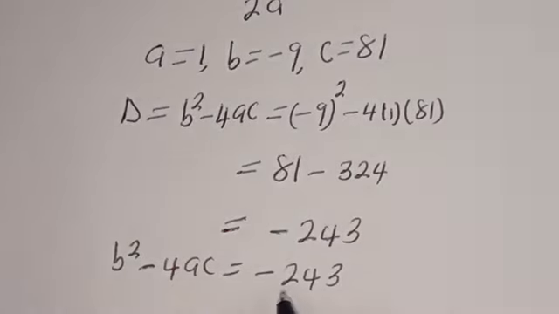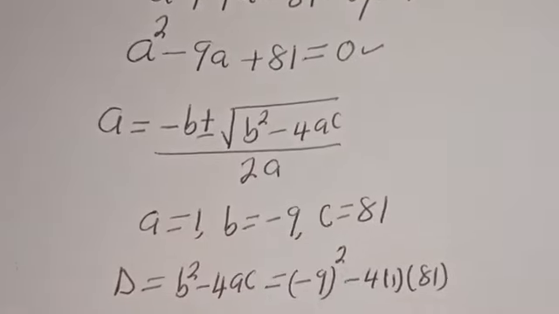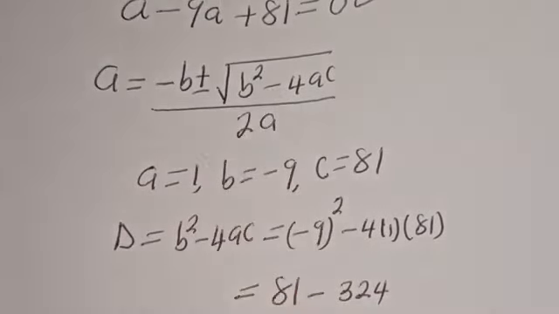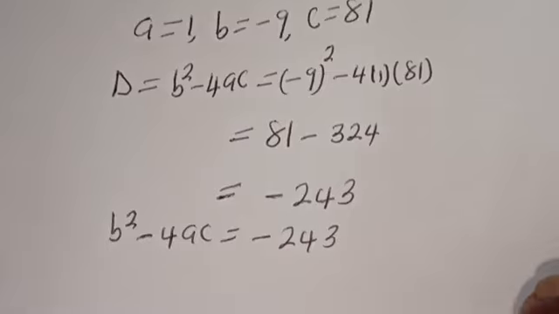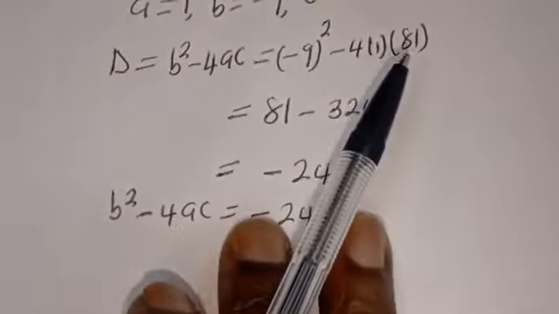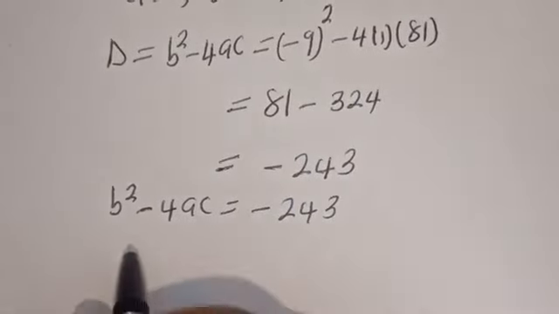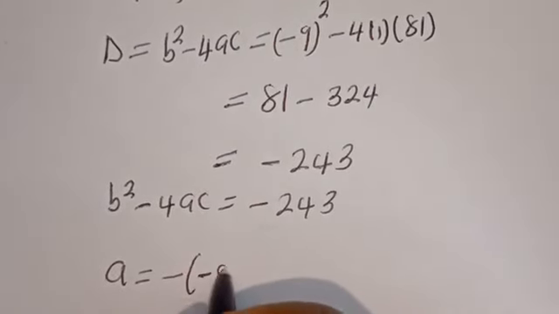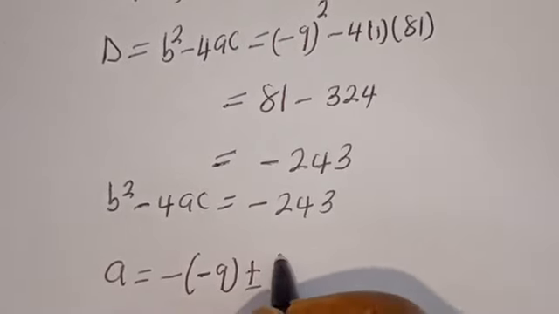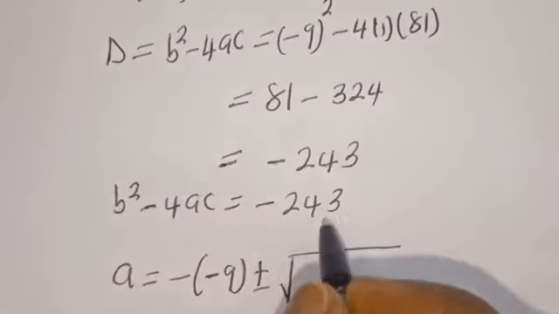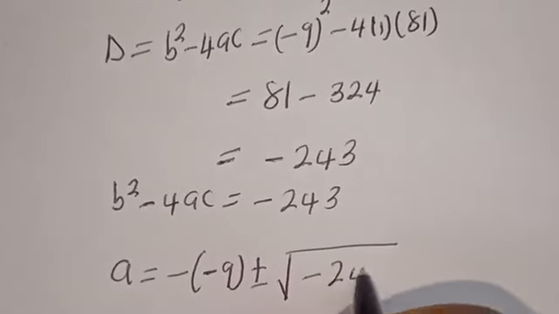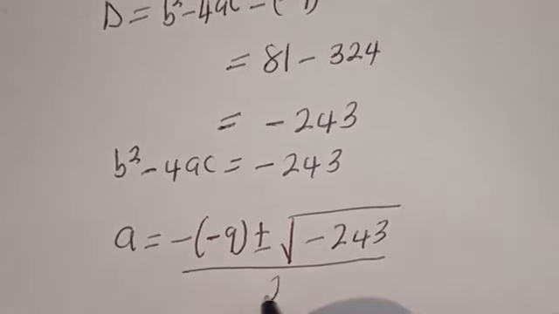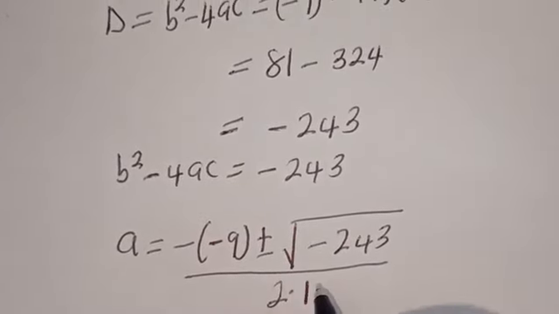So let's plug into this formula. We have a is equal to minus bracket minus 9, plus or minus square root of the discriminant, minus 243, divided by 2 multiplied by 1.